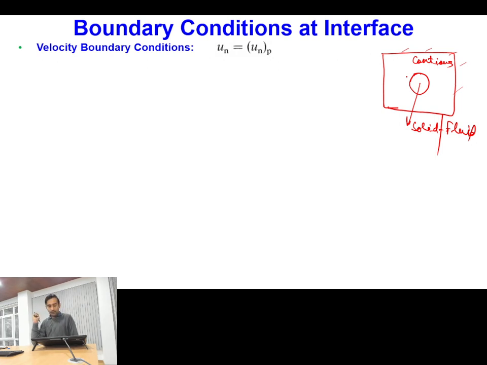Okay. So if this is a solid particle, what will happen? The tangential velocity at any solid particle is always equal to the velocity of the solid particle. That is something which we know from the no slip condition. What does no slip condition mean?